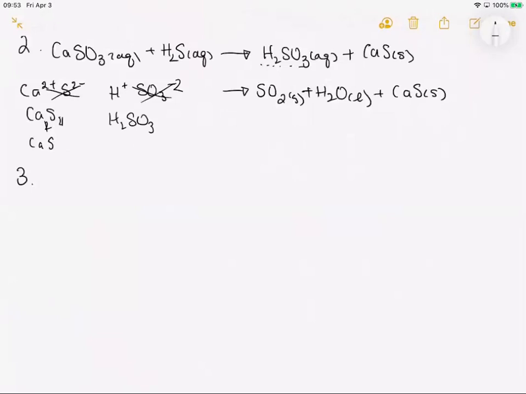And then our third and final one is with carbonic acid. So this is the demonstration that I did in class. So calcium carbonate, which is chalk, so it's a solid, and I mixed it with acetic acid, CH3COOH. Now this one confuses students because do you see how the H is at the end?